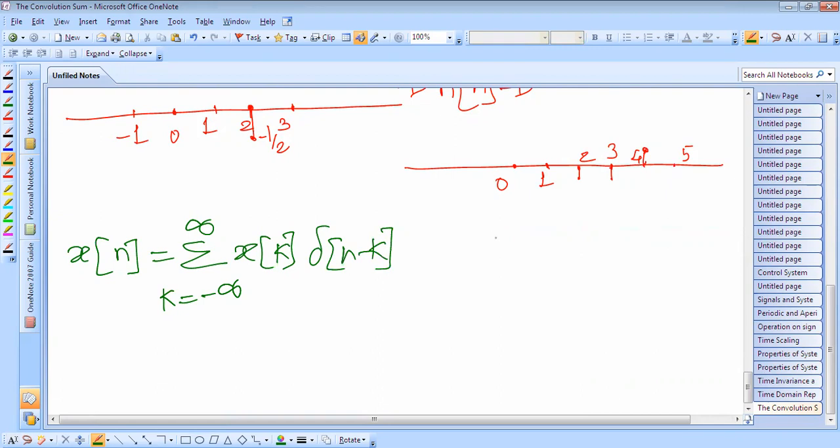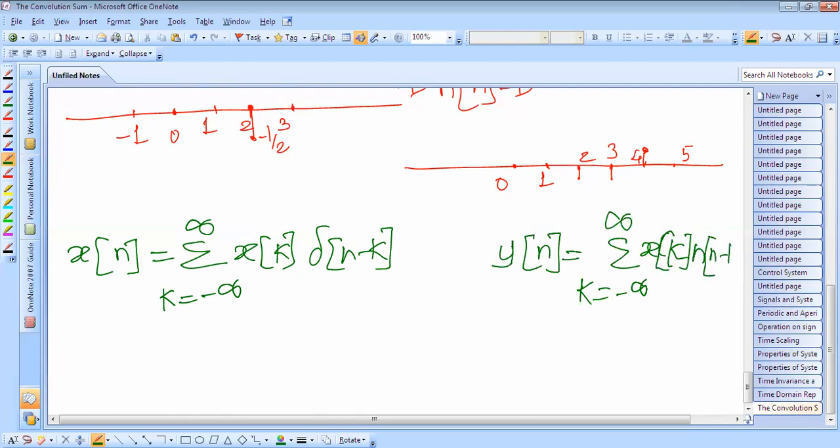And the impulse responses we also have to sum, so that we get the output y of n equal to the summation, k equal to minus infinity to infinity, x of k into h of n minus k. If you add this, we will get the complete input signal.